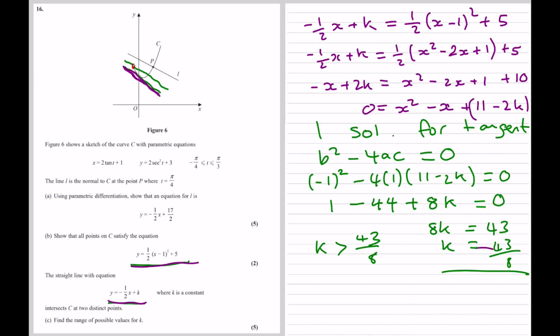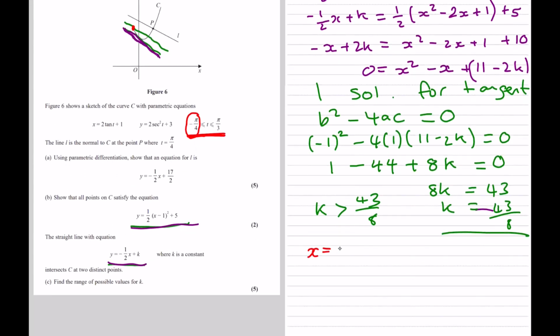But also, we're going to need to find this point. So if we go back to our parametrics that we started with, t can only be between negative pi over 4 and pi over 3. This point here will be when it's negative pi over 4. So we can find the coordinates by substituting negative pi over 4 in for x and y.